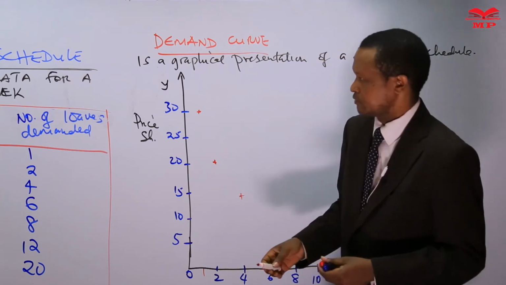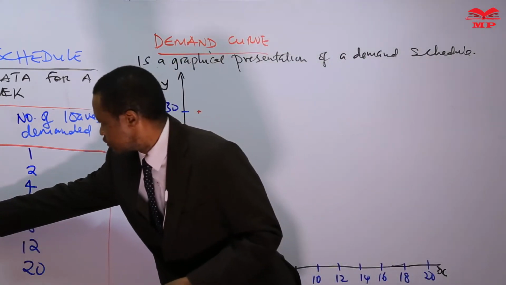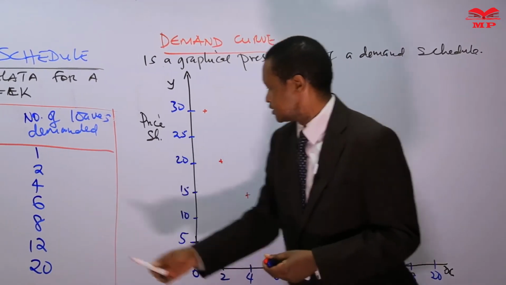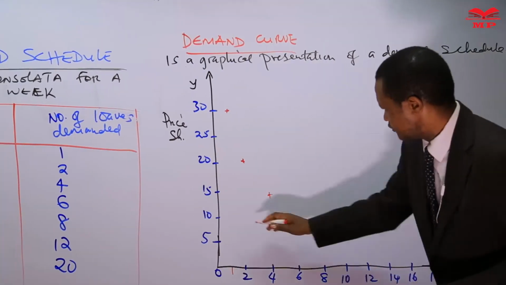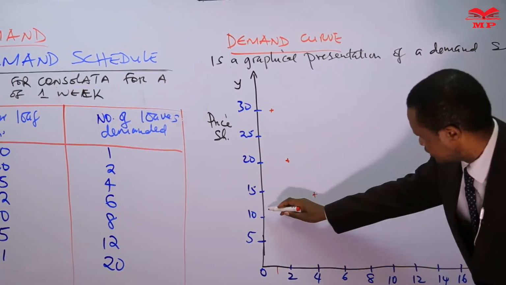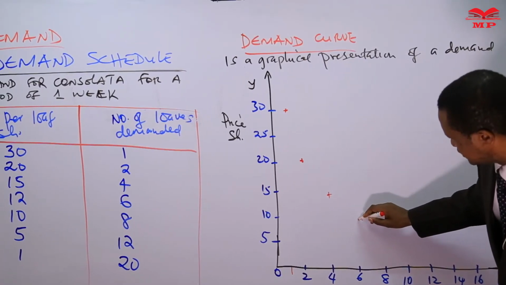Next is 12. When the price reduces to 12, the number of loaves demanded is 6. So here you have 12, and 12 is here. Then we have 6.